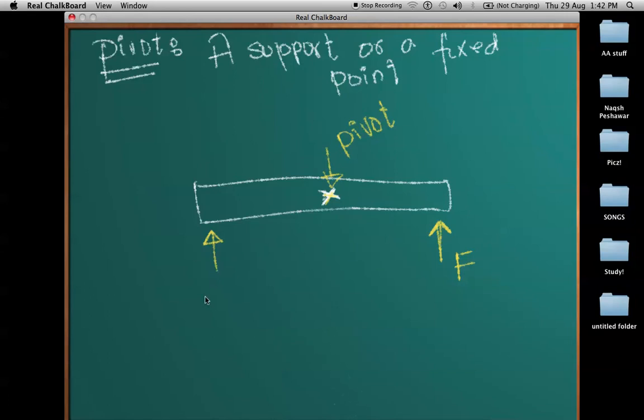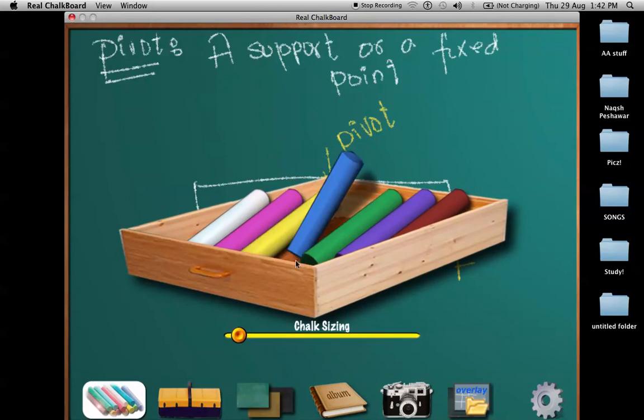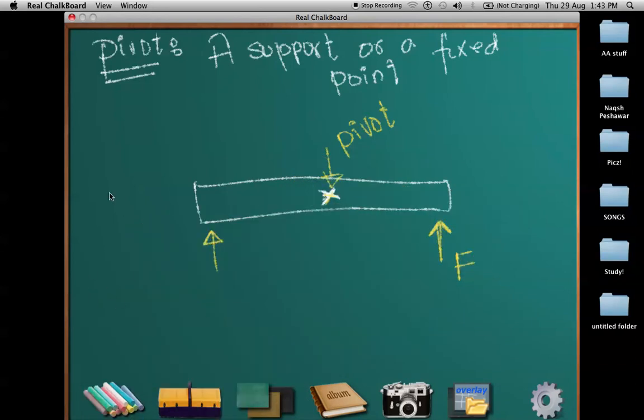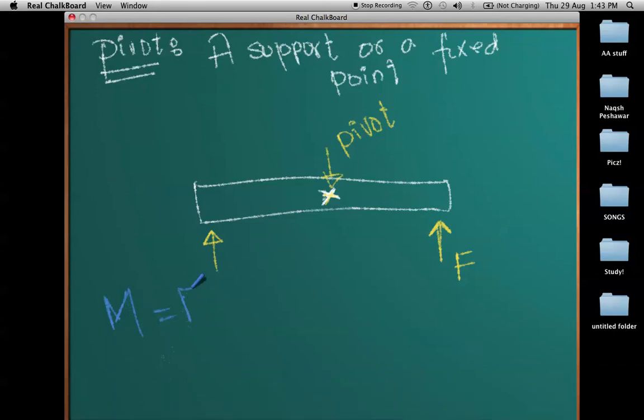So when we talk about our numericals, when we discussed earlier, moment, which is a capital M, is given by force times displacement from pivot.